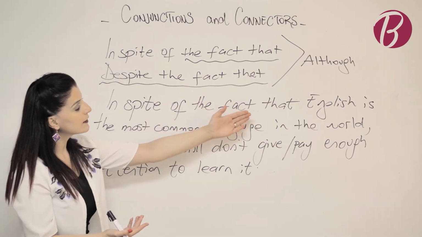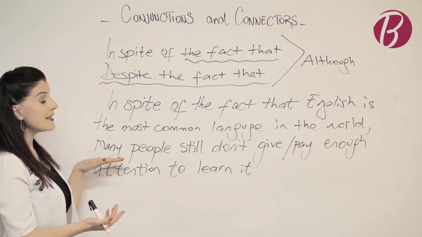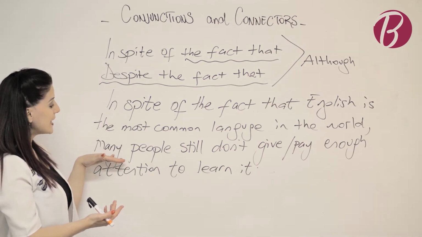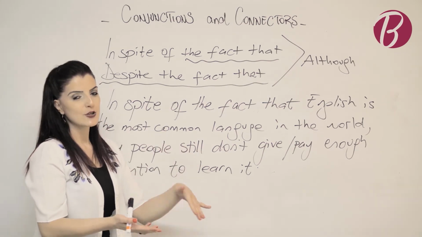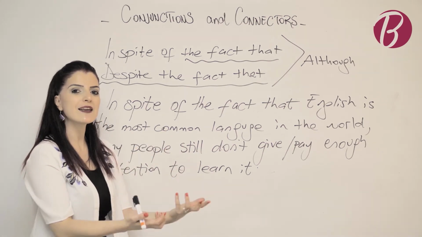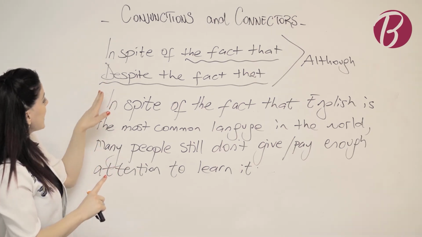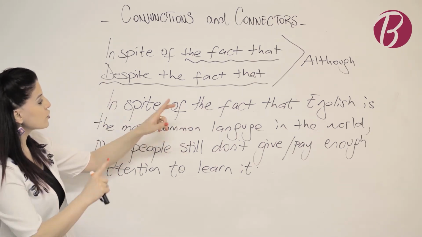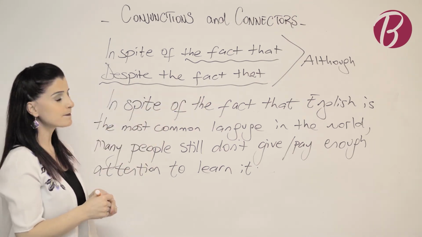In spite of the fact that English is the most common language in the world, interesting result. Many people still don't learn it. So they don't give attention. So this is a contrast idea. In spite of the fact that also can be changed with despite the fact that. There is no difference.